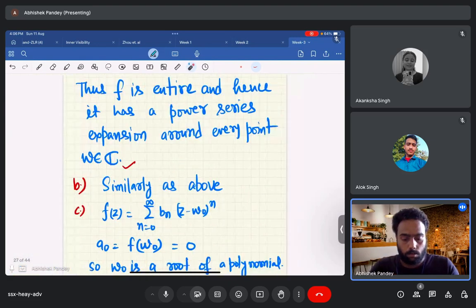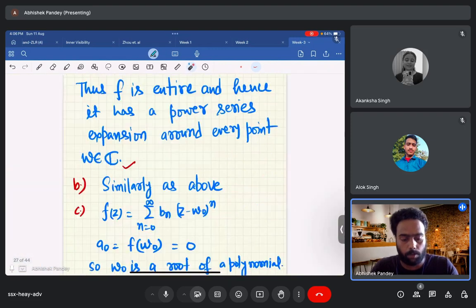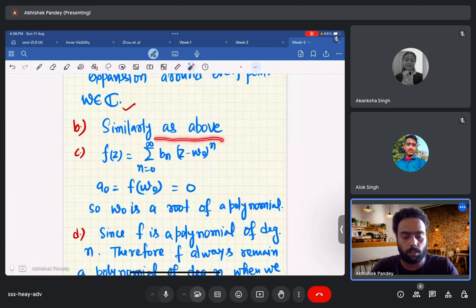Suppose this is a polynomial, and consider the power series expansion of f around w. What will be the power series expansion of f around w? This will be the power series expansion. What is a0? f of w0, isn't it?